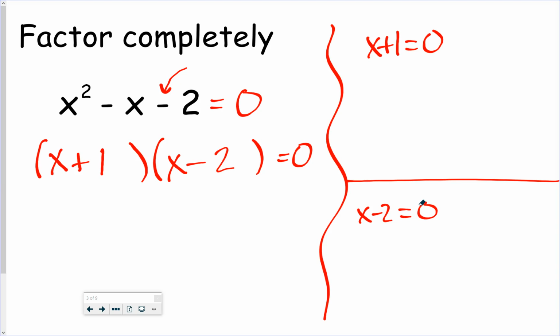All right. So on my top one, to get x by itself, what are we going to do? We're going to subtract 1 over. So here we get x is equal to -1. Down here, what are we going to do? We're going to add the 2. So now we have x is equal to +2.